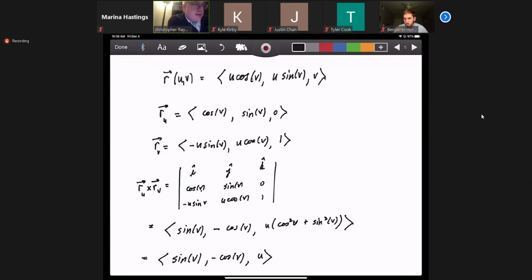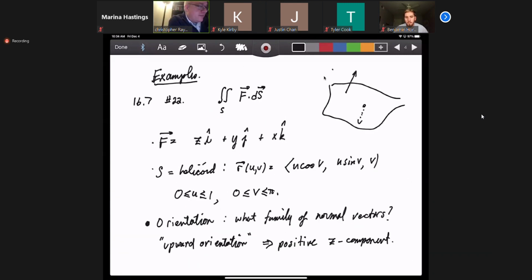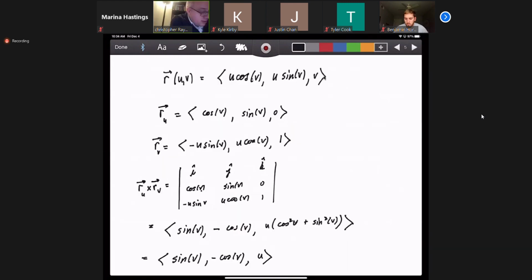If we think back to our region, U is going to be between 0 and 1. Well, if U is between 0 and 1, the vector we're getting out here has a positive Z component. So this is the correct family of normal vectors.